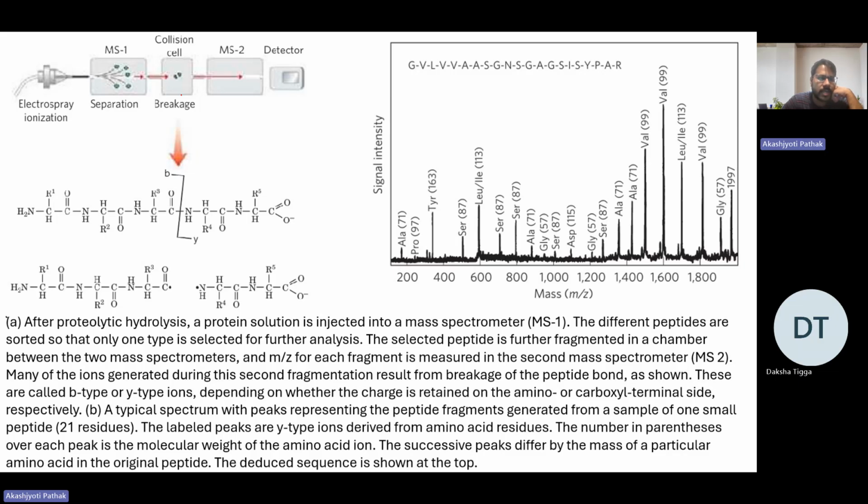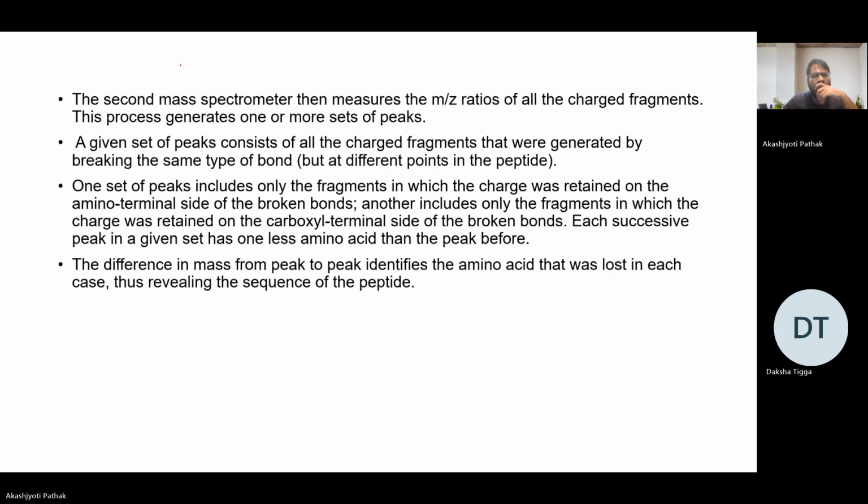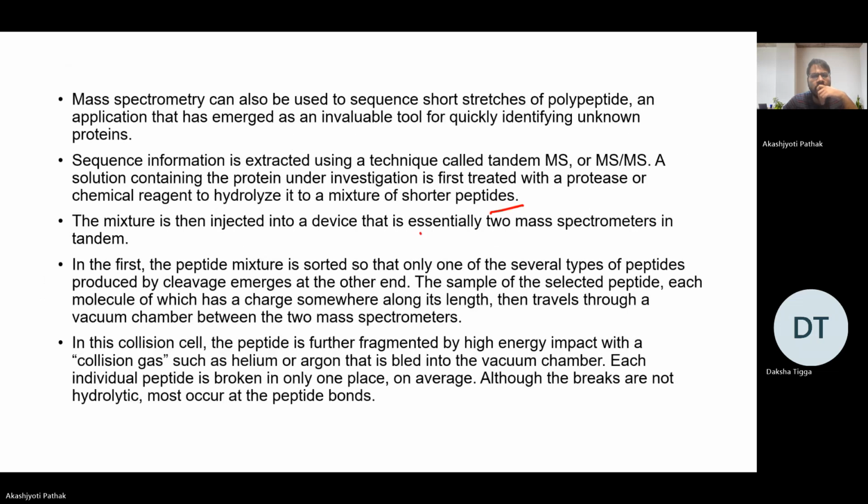That particular peptide is selected and then undergoes a second round of mass spectrometry.